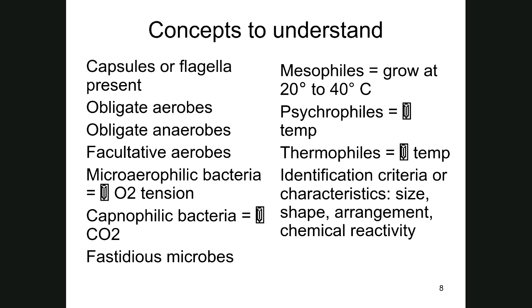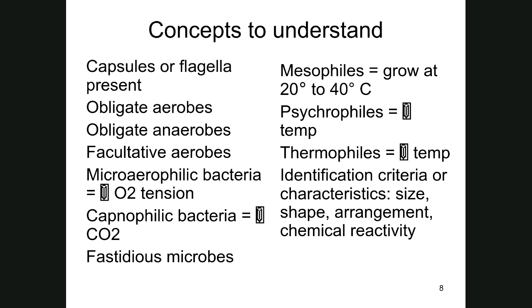We call it a candle jar. We light the candle, put the lid on it, and the candle goes out. What did we just create? A little bit of increased CO2 in that candle jar, and then it is incubated, and those bacteria on the plate inside that jar are capnophilic. It is an increased CO2 area.